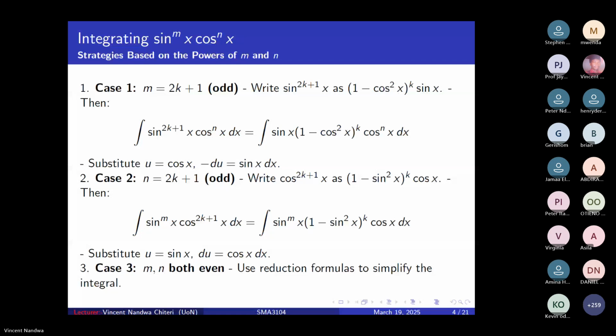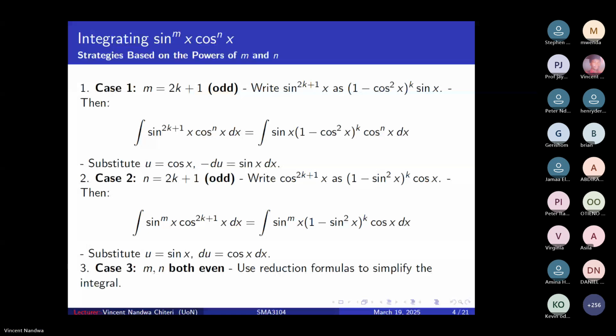Similarly, when the power of cos is an odd number, then you take that cos function in the product and rewrite it as a product of two functions: cos x times another cos function to an even power, depending on what the original power was.